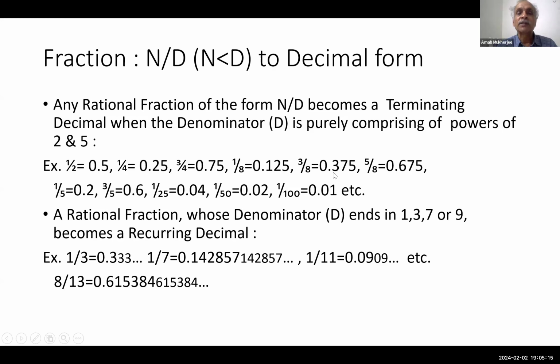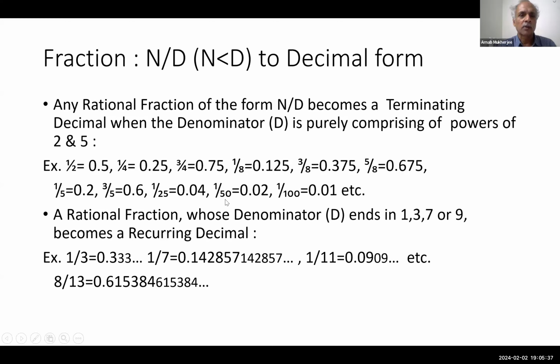Here, the number of places in that terminating decimal will be the maximum of the power of 2 or the power of 5. Like 1/4, this has 2 to the power 2, so it has 2 decimal places, 0.25.